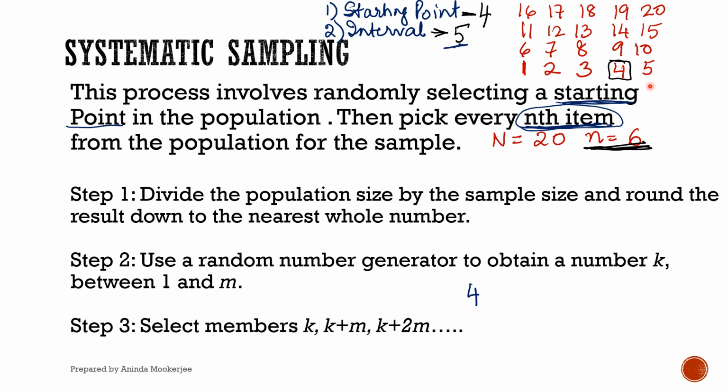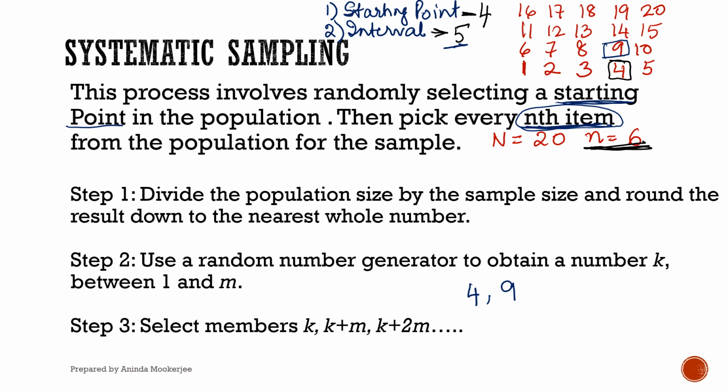So I walk through this. 1, 2, 3, 4, 5. So 9 is the 5th student that comes after the first one. So 9 is going to get picked. All right. So the next student picked is 9.